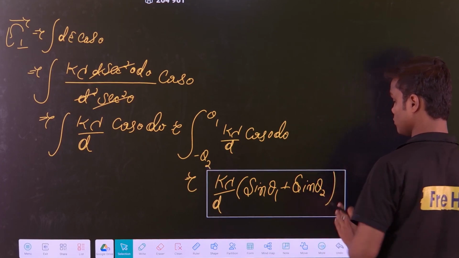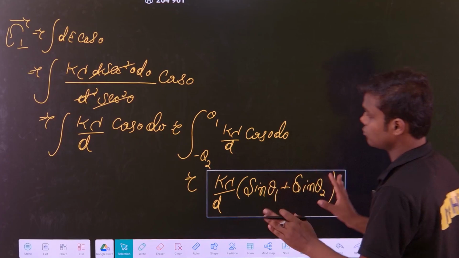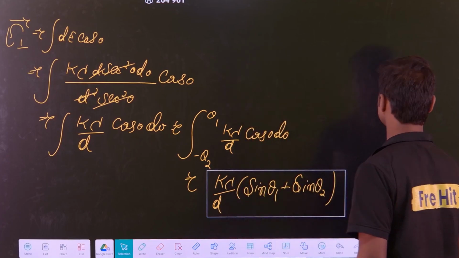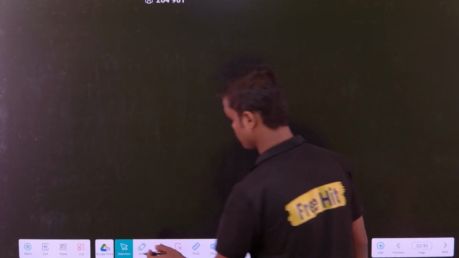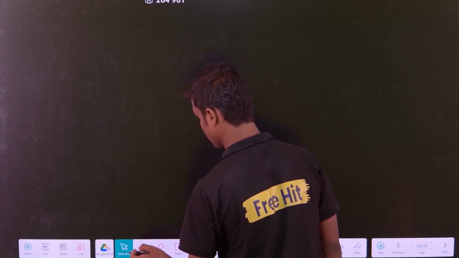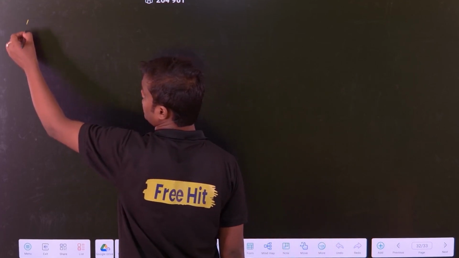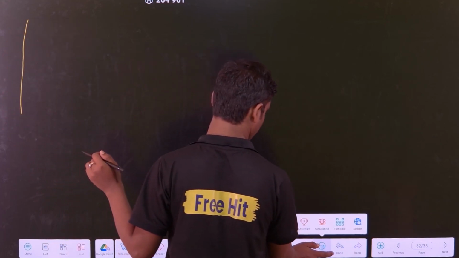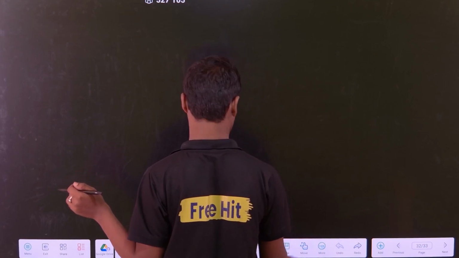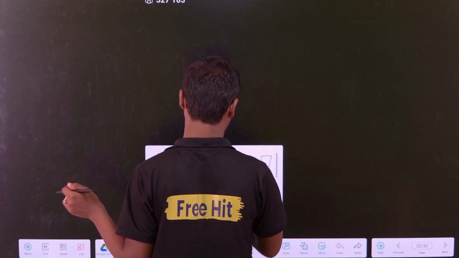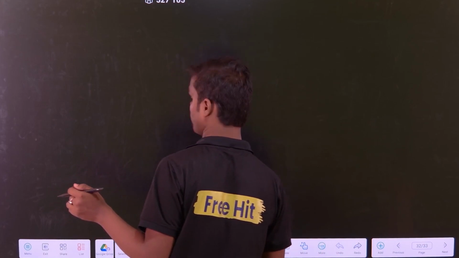Wait, I will give the conclusion also. So what is our conclusion? That is more important. Let's see the conclusion. What is the conclusion which you have to remember for a finite length wire?